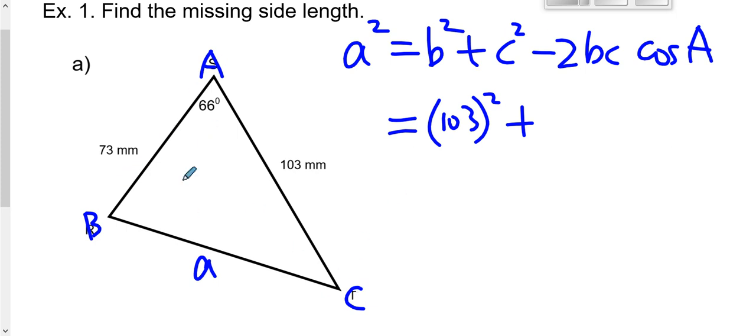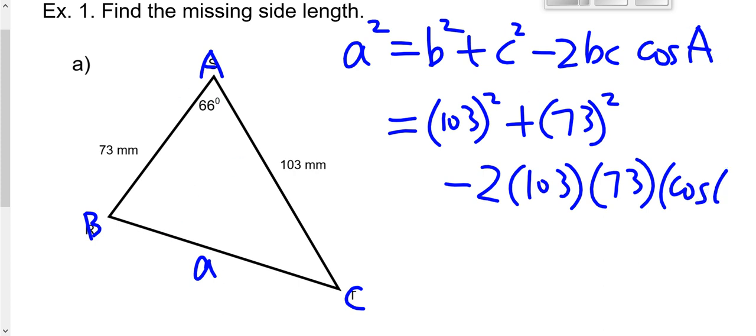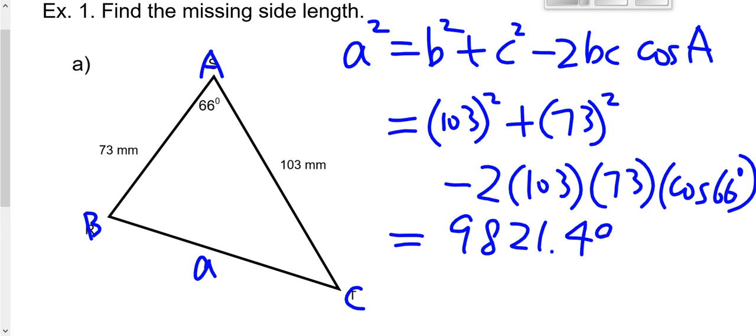The length of side C, small c, is 73 squared, and then minus 2 times b times c, and then times cos angle A, 66 degrees. Okay, so quickly punch this into your calculator. If you do that, you will end up with 9,821.494 something. Is this my final answer?